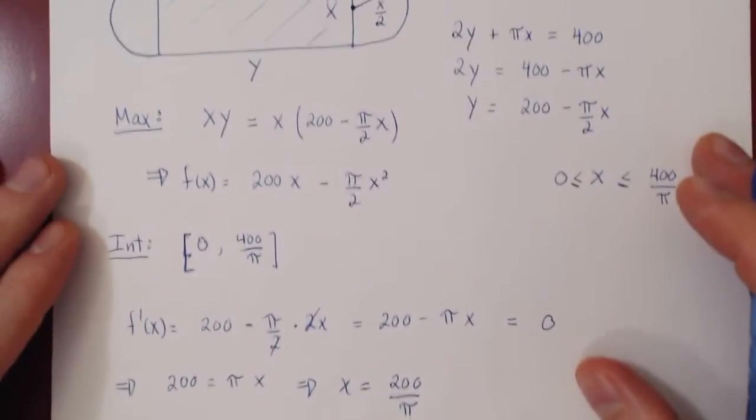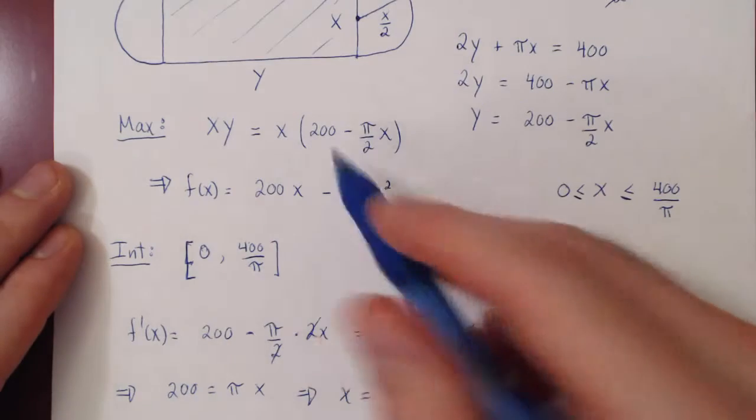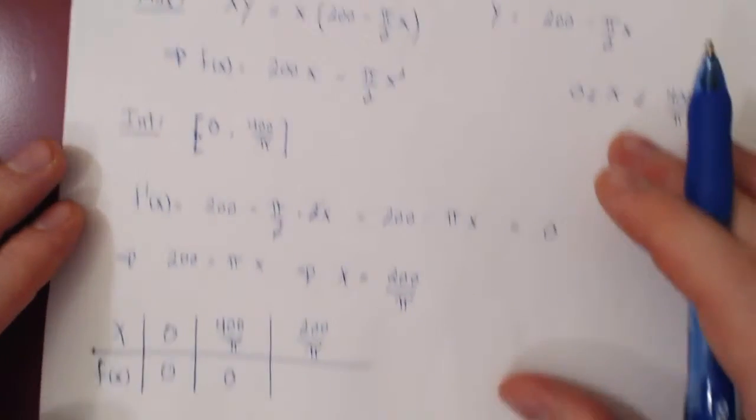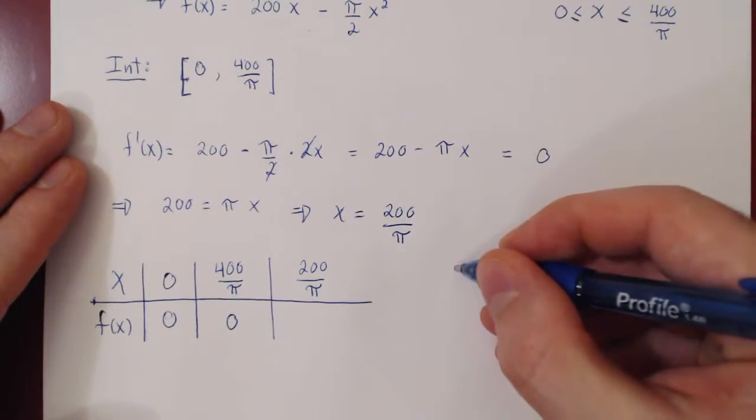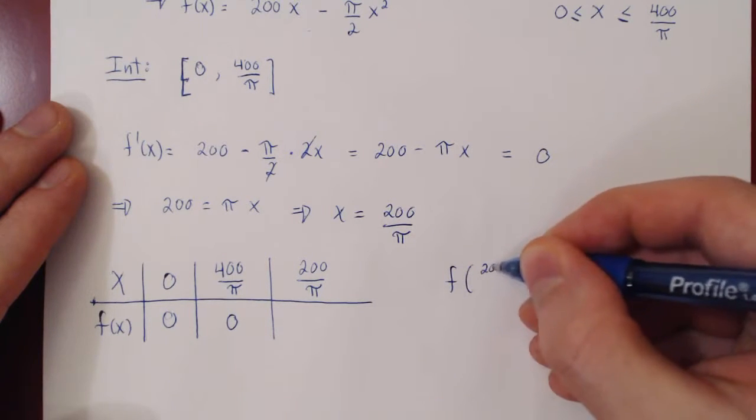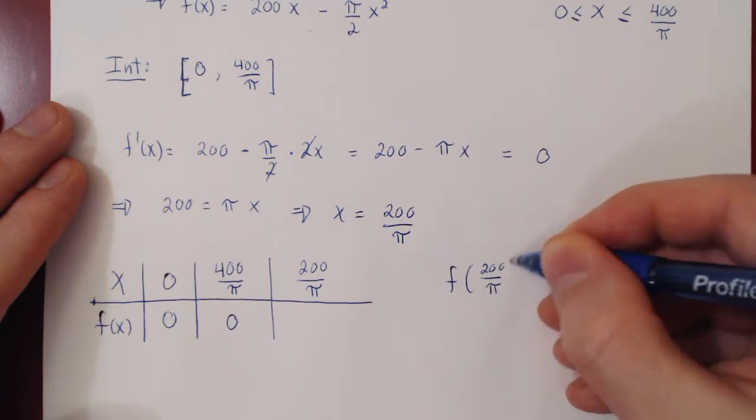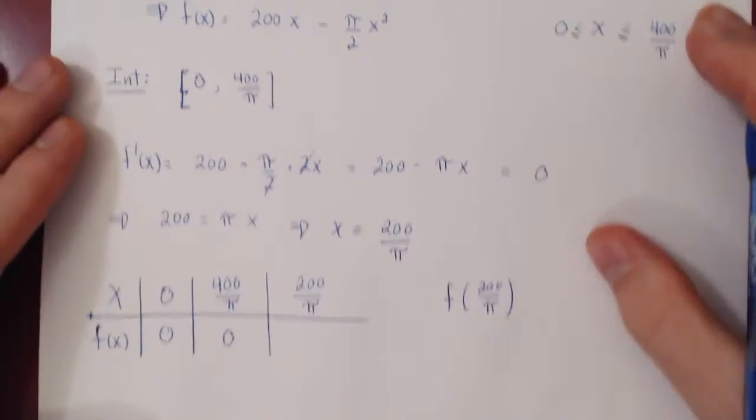And if you look at the function, the factored form will make the calculation easier. Let's compute it here. F of 200 over pi gives us what?